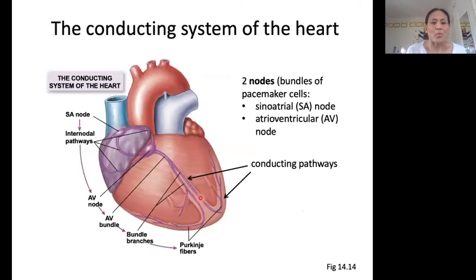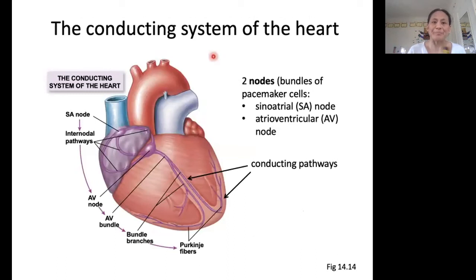Okay, in this set of lectures we are mostly going to be focusing on the traveling of that electrical signal through the pacemaker cells. And then in some later lectures, we're going to be looking at the actual contraction that happens in the heart.